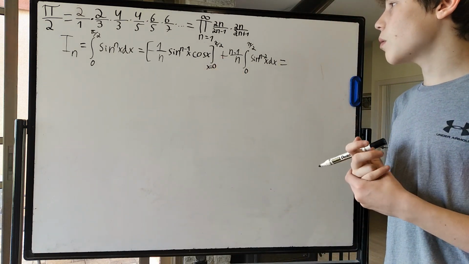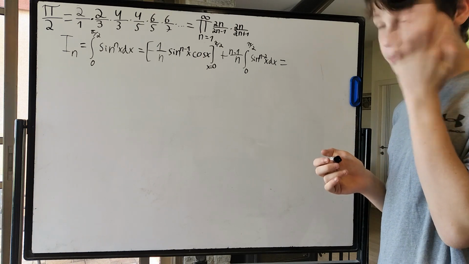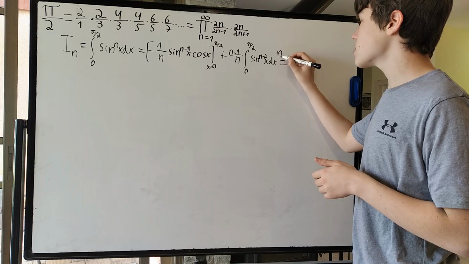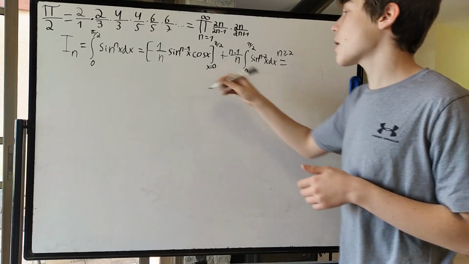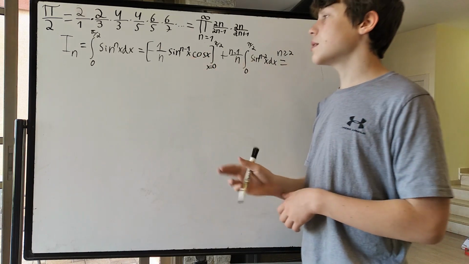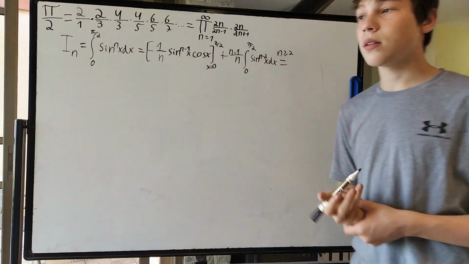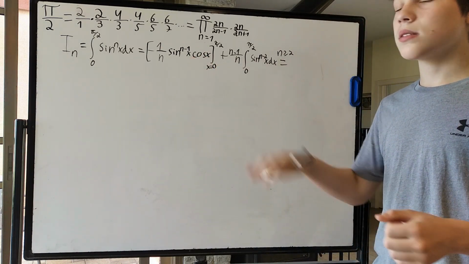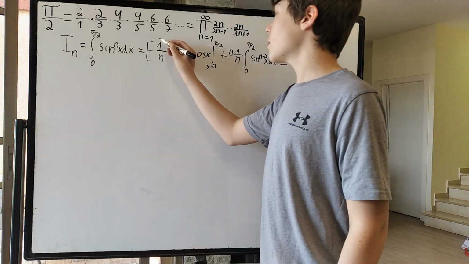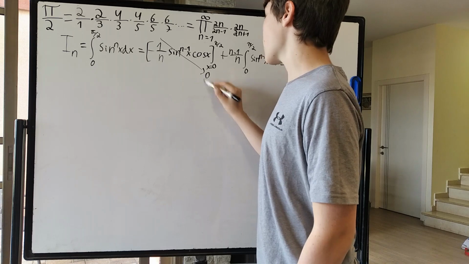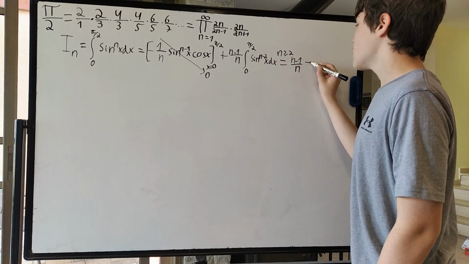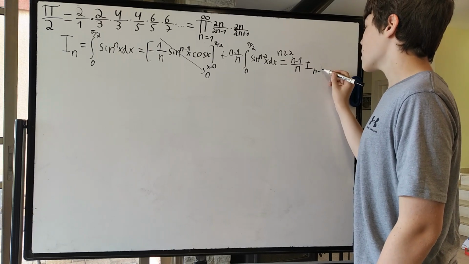So if n is bigger than or equal to 2, this power is bigger than or equal to 1, so if we plug in 0, this does indeed turn out to be 0, meaning we can just cancel this to 0. And now this will be n minus 1 over n times I_{n-2}.